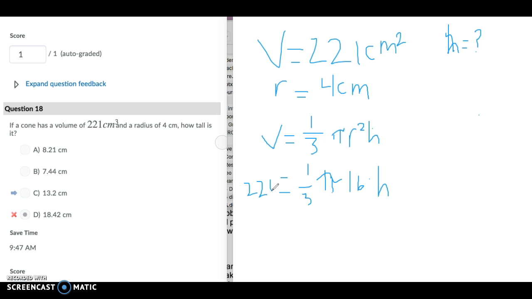So what I'm going to do is 3.14 times 16 divided by 3, and that gives me about 16.75 h. So if I divide both sides by 16.75, I'm going to have 221 divided by 16.75. My radius should be about, or sorry, my height should be about 13.19 or 13.2 if I round.